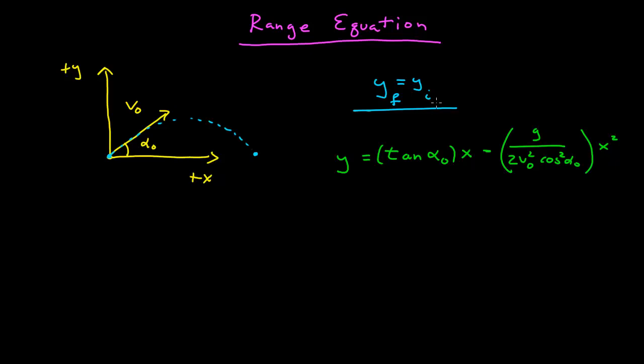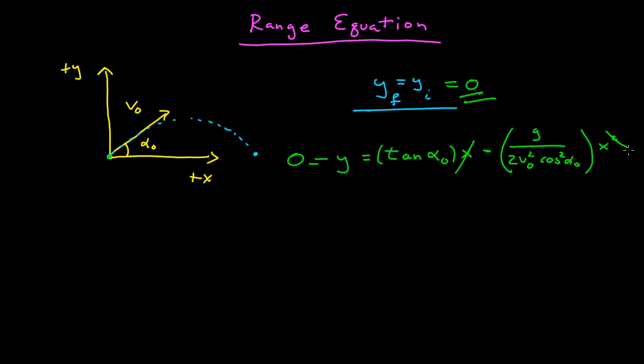And so if our final y position is equal to our initial y position, given our assumptions, this is equal to 0.